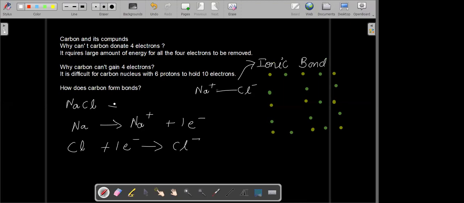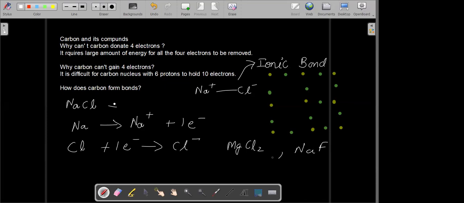Got it? So the bond formed between Na plus and Cl minus, that is an ionic bond. Then you can see the bond formed between, suppose I have MgCl2, or if I have NaF.